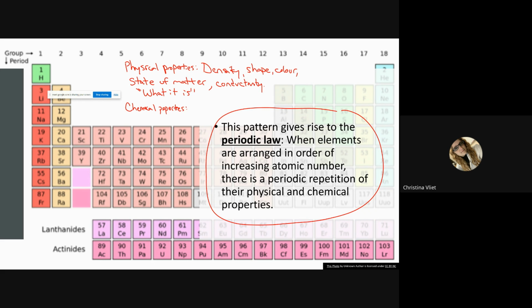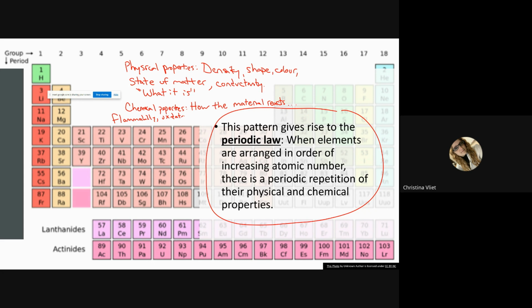So then what's a chemical property? Yes. Flammability. So anything that discusses how this material reacts. All you've got to know is how the material reacts. And so flammability is a great example.